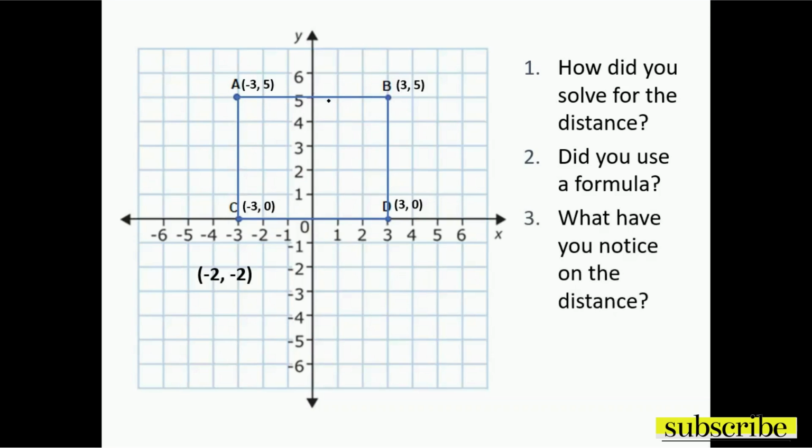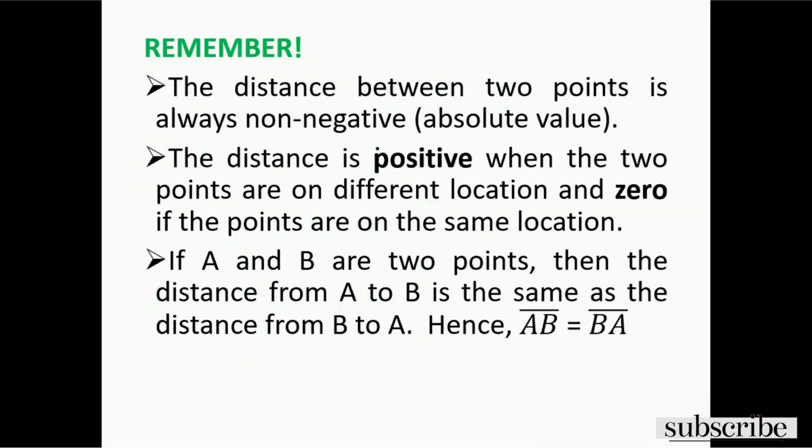So what have you noticed on the distance? Yes, you're correct. AB is equal to CD, and AC is equal to BD. Now, remember this. The distance between 2 points is always non-negative, or we can always take the absolute value.